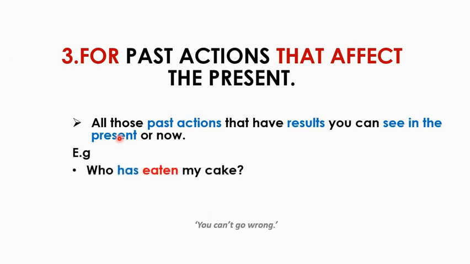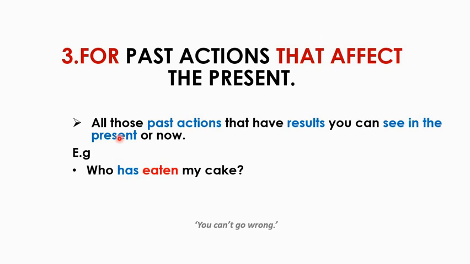The first example: who has eaten my cake? For example, you go in the cupboard or the fridge to check if your cake is still in there, and to your surprise you find no cake. Somebody just ate it.